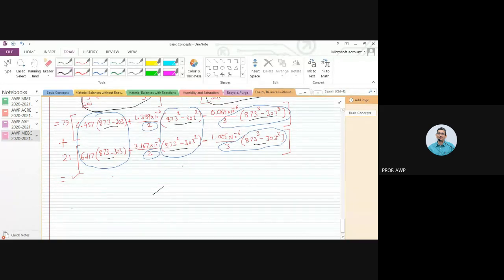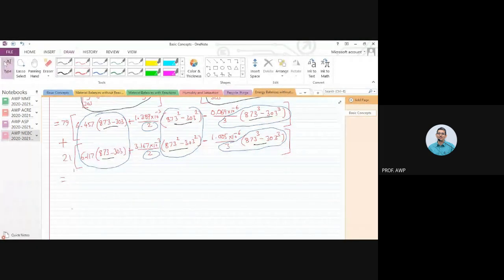Some of these old calculators, if you have FX82 MS, won't have the integration, but some other versions, like 991 ES Plus, will have the integration function built in, right? So look at your calculator. If it has an integral function, straight away you can use it for integration. It will make your life so much simpler.